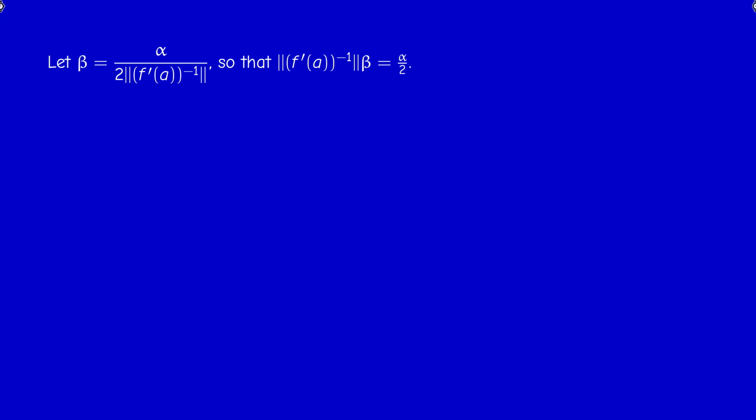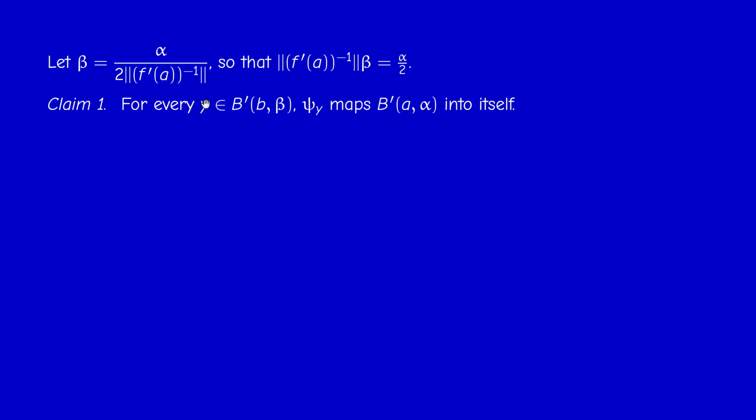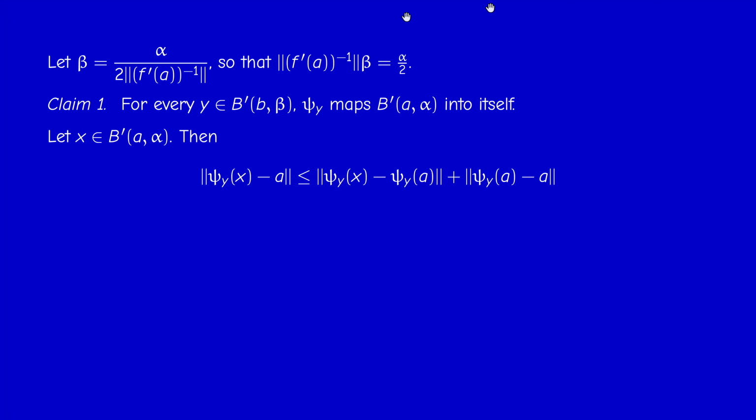Okay, and so now when we restrict y to the closed ball of center B and radius beta, then psi sub y maps the closed ball of center A and radius alpha into itself. So I have a self map, which is a contraction. Okay, this is not difficult.